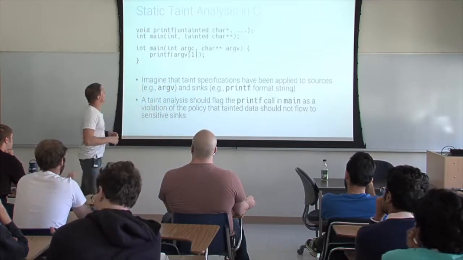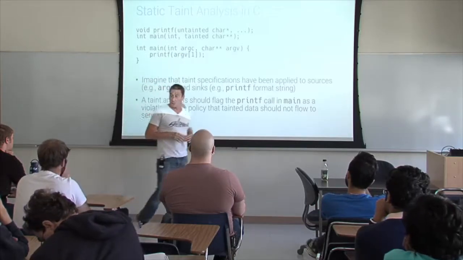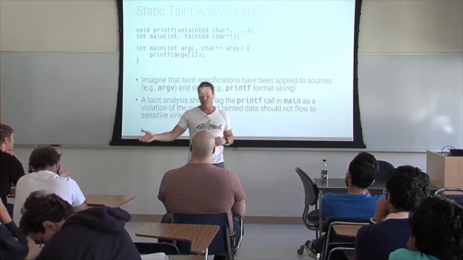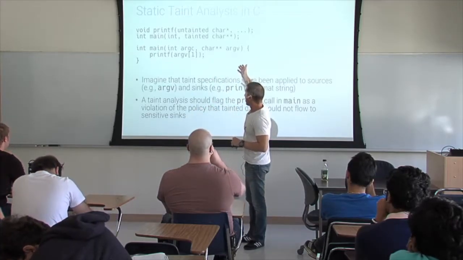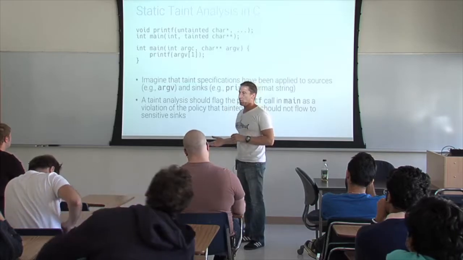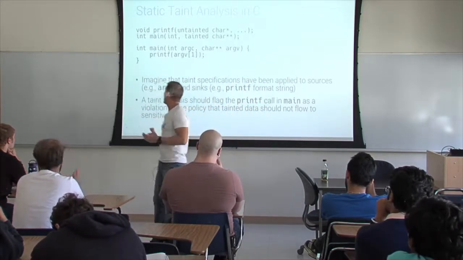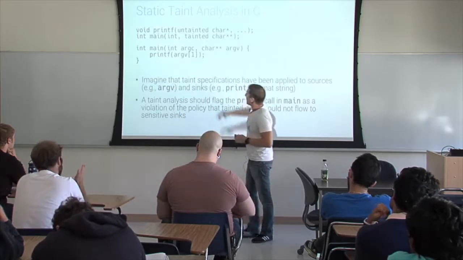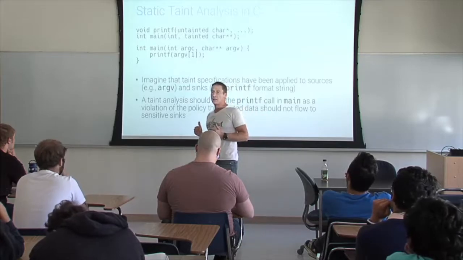And for example, in this case, these are annotations that help the compiler say, well, in main, your argv is actually tainted because it comes from the user, it could contain anything, so it's bad. Okay, and I want to do a printf in which the format is untainted.